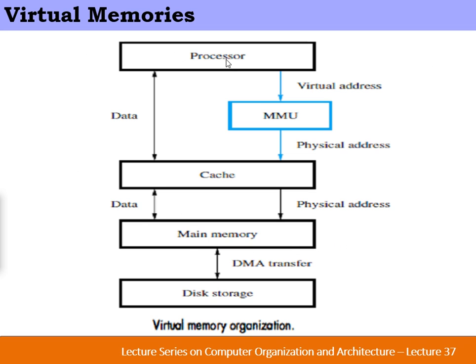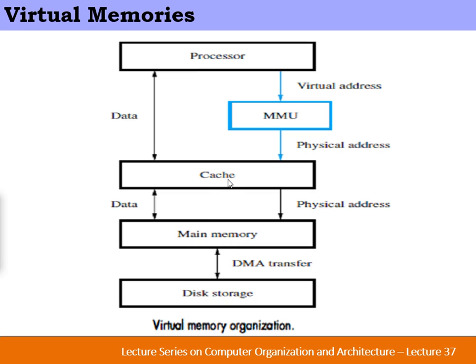So here we have a virtual memory organization. There are certain components like the processor, a cache memory, a main memory, and a disk storage. Between the processor and the main memory, we have a cache memory.